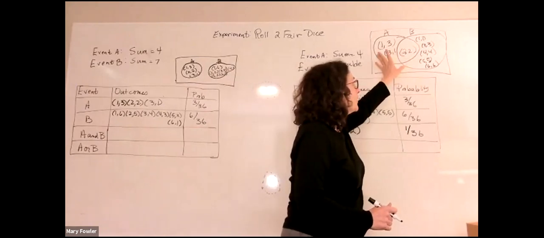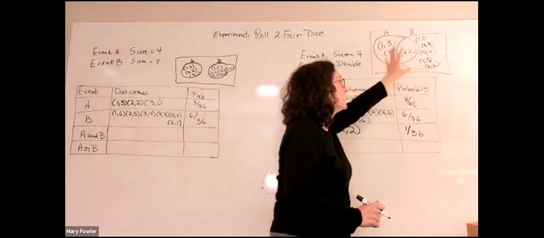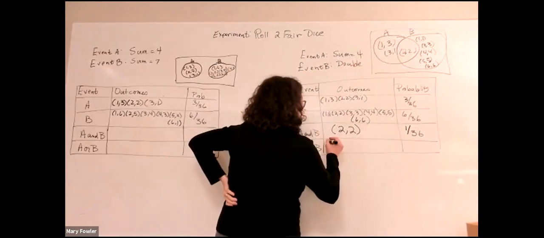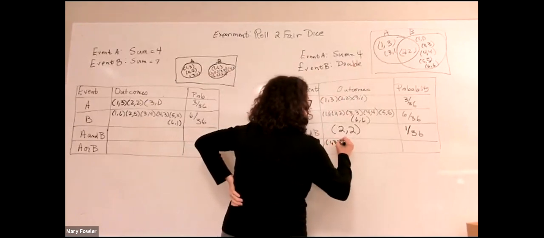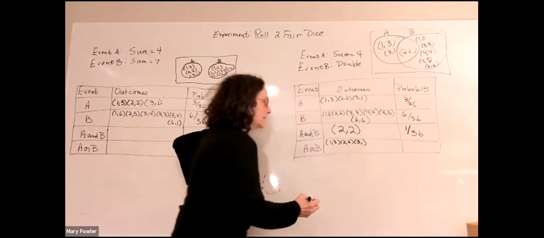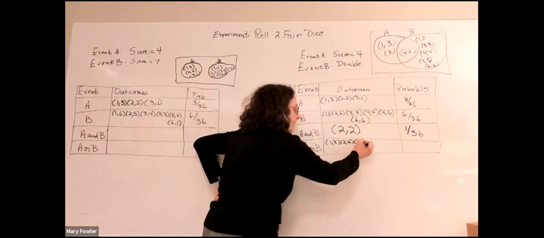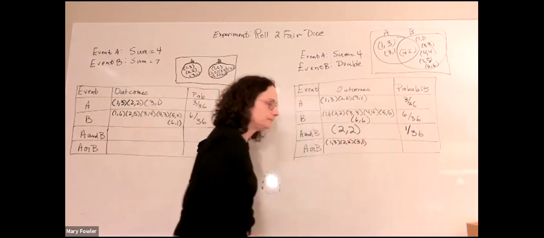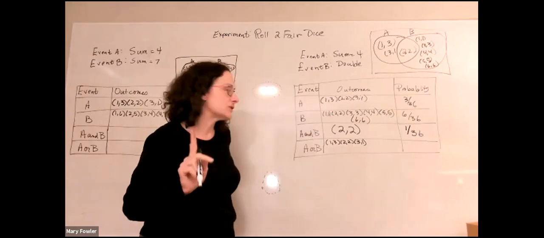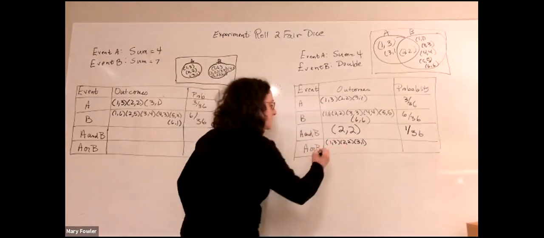So over here, I want to list out everything that's in A or B or both, and I'm going to put that in this box here. So it's 1, 3. It's everything that's in A: 1, 3, 2, 2, 3, 1. And then everything that's in B, but I don't want to list the 2, 2 a second time.